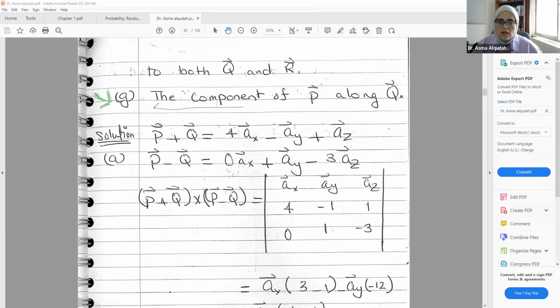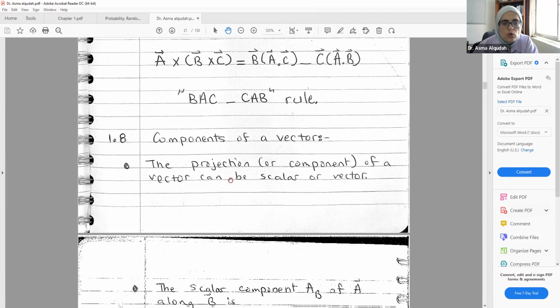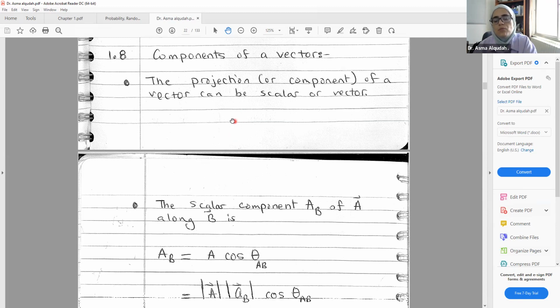So we do this after I talk about the coming section. Section 1.8. So let's talk about section 1.8, and then we do part G of the previous example.